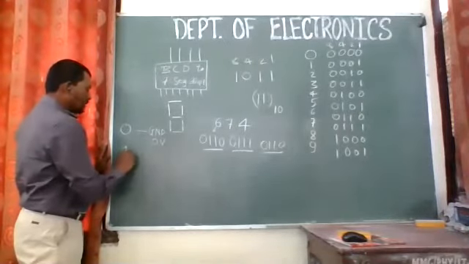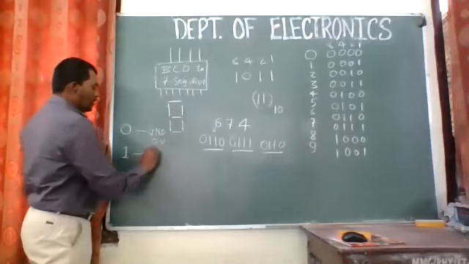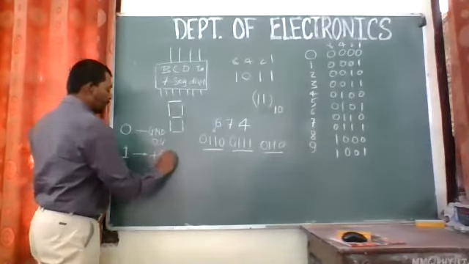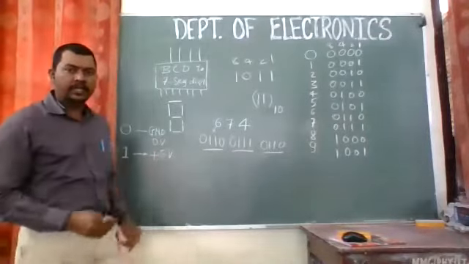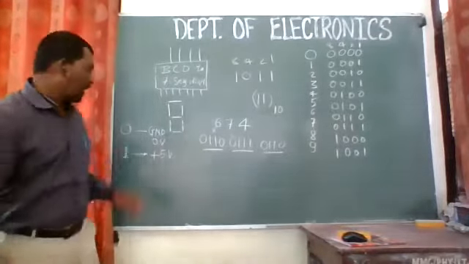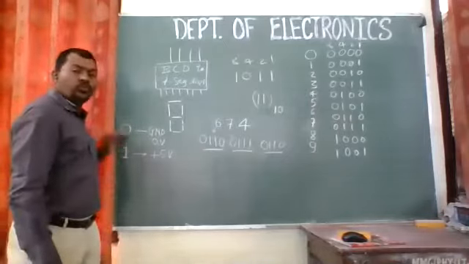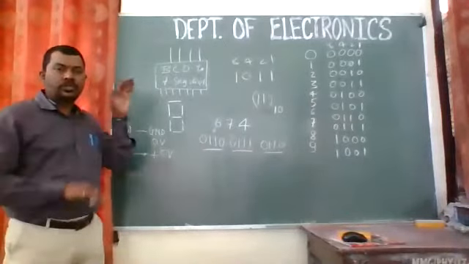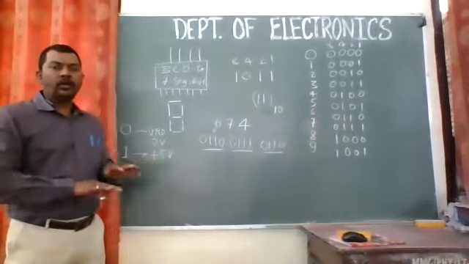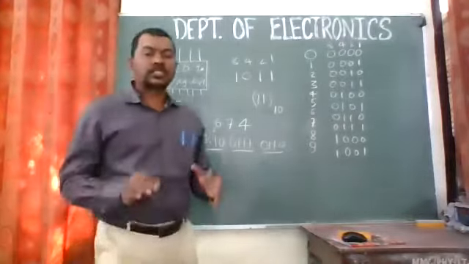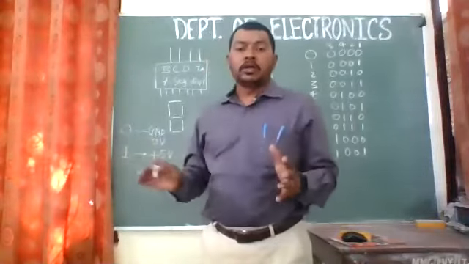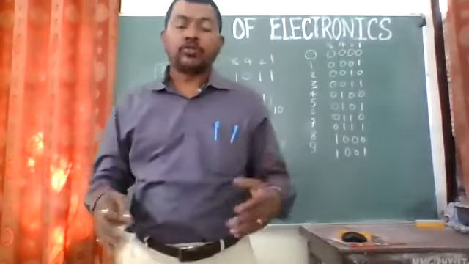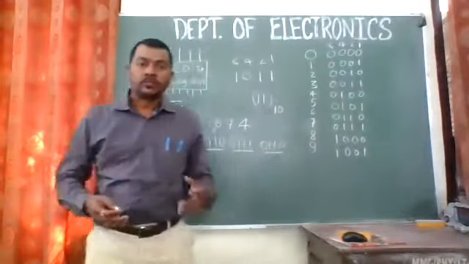Similarly, a 1 in that respect is taken as plus 5 volt or high. So we are having these two stable states, 0 and 1, right? And all the digital electronics is using this 0 and 1 bit for the processing purposes.